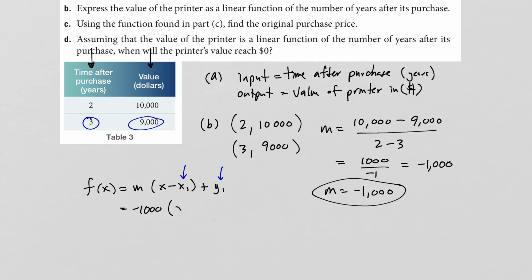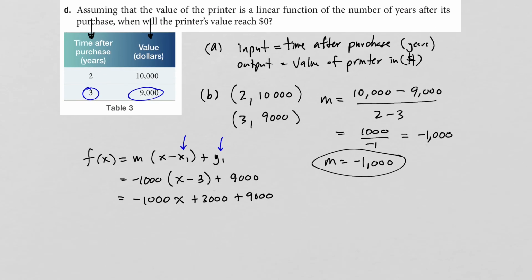So we'll have x minus x1, which is 3, plus y1 is 9,000. And if we multiply this out, we get -1,000 times x plus 3,000 plus 9,000. And if we combine like terms here, we get f of x is -1,000x plus 12,000.